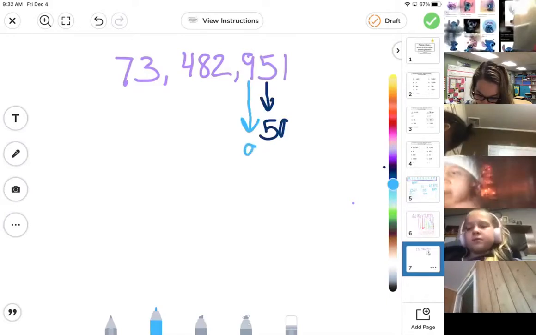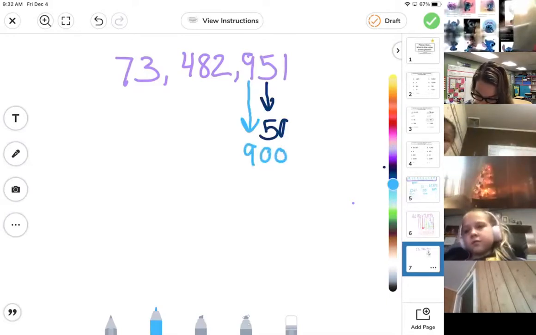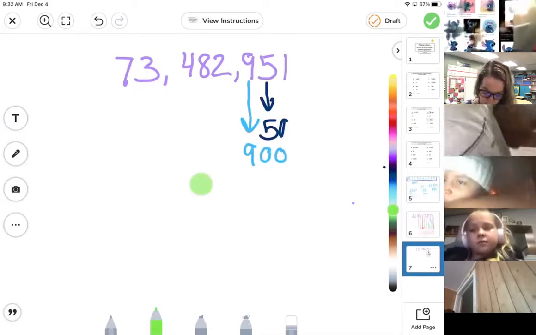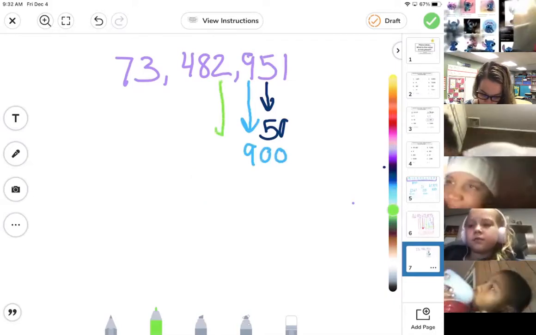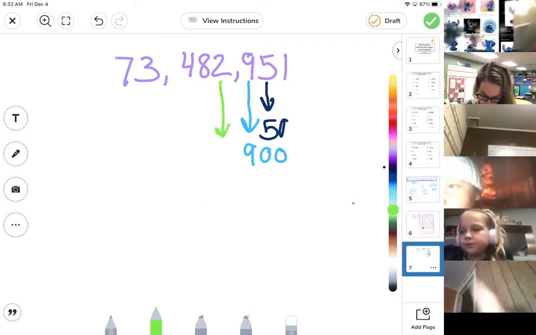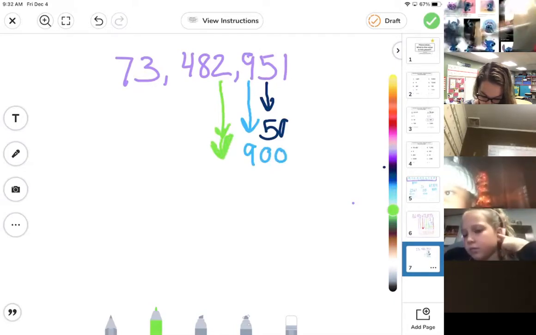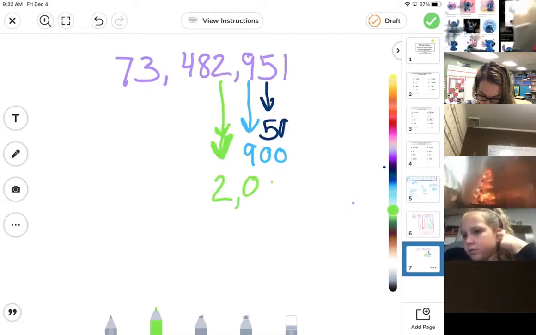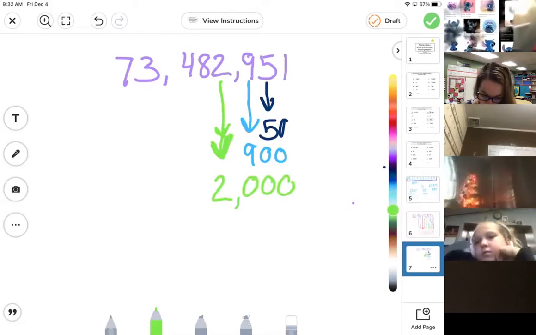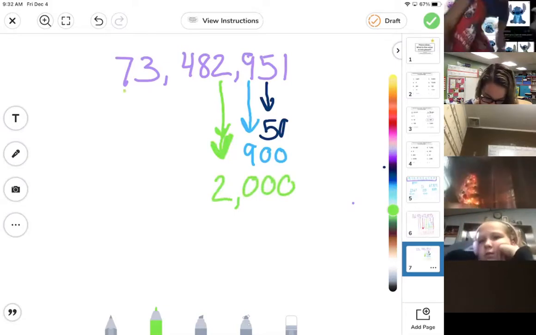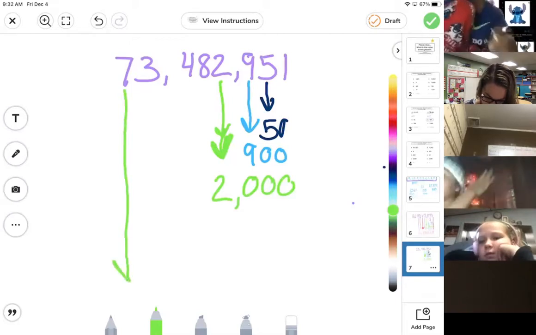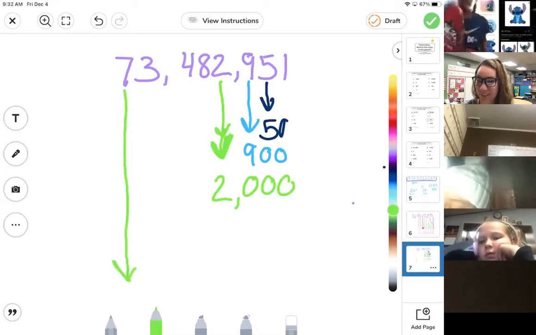Very good. Serenity, what is the value of this 2? Oops, I didn't go down far enough on my arrow. 2,000. Very good. Dawson, what is the value of this 7? I didn't even read this number, so this is a test for you, kiddo.